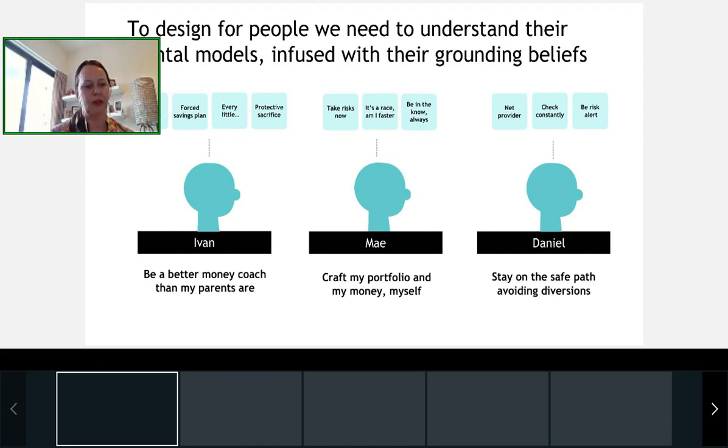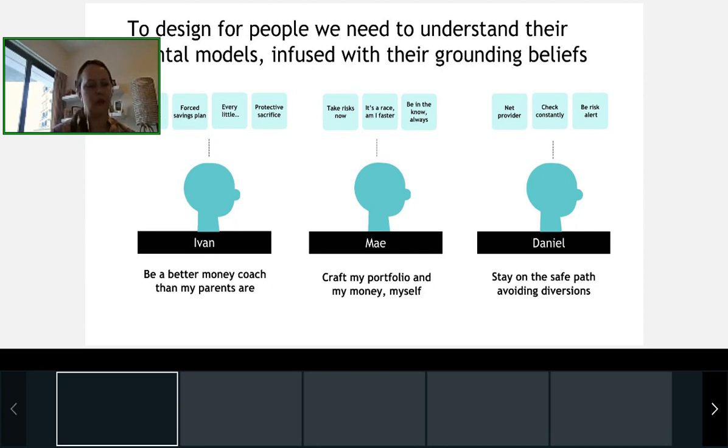So for example, in Ivan's case, it's all about accountability, and he is heavily influenced and heavily grounded by the way that his parents have instilled responsibility and accountability in him. But what's really driving him is that he wants to be a better money coach than his parents were.